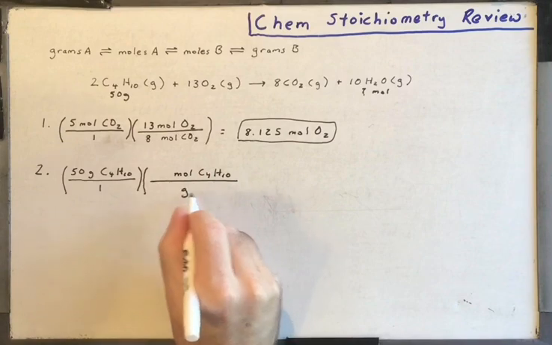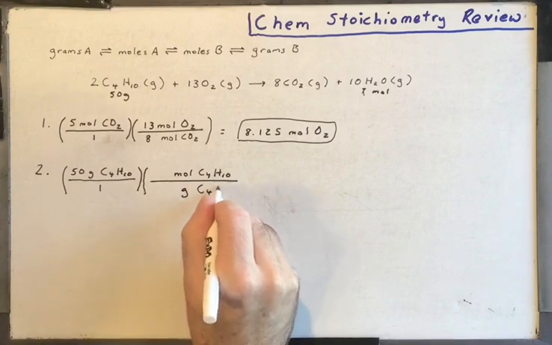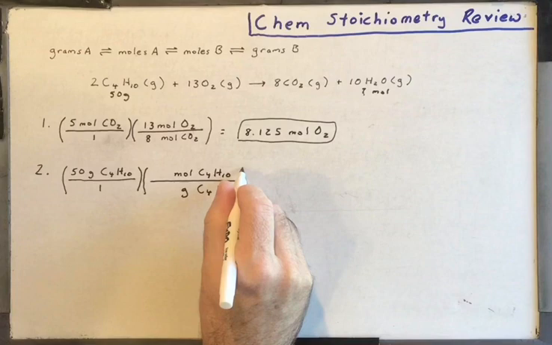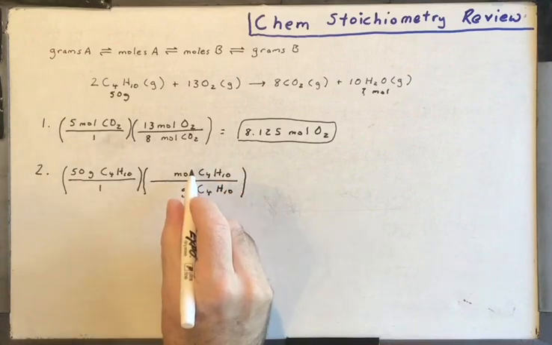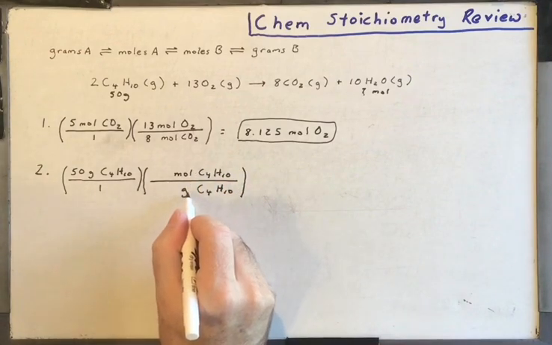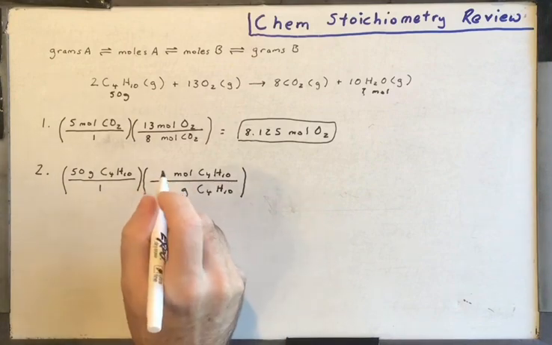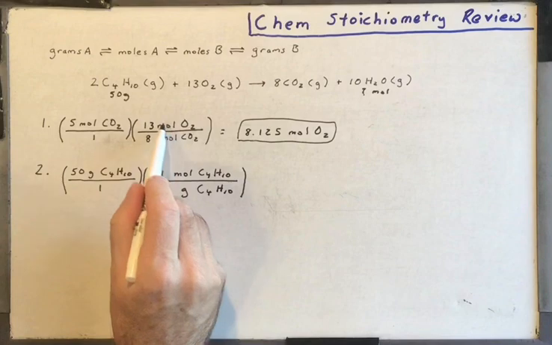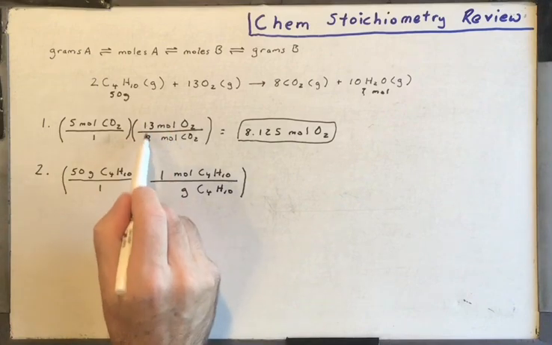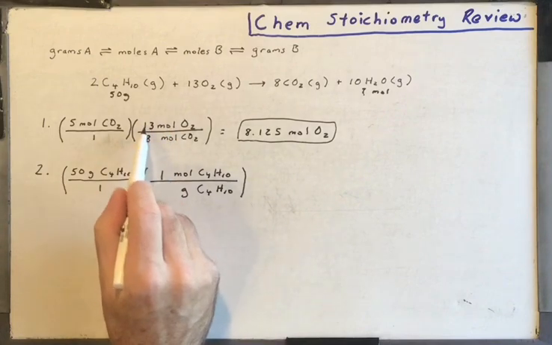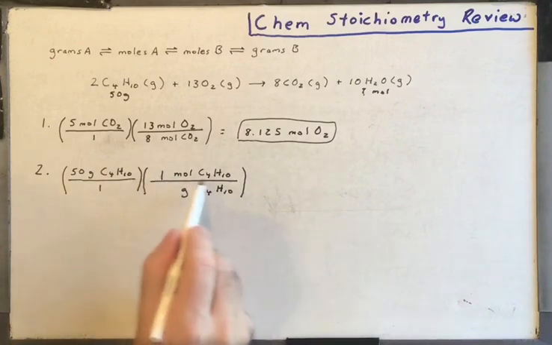Get rid of grams of C4H10. Now when you have moles and something else as a unit in a parenthesis, the 1 always goes by the moles. Now that's not necessarily true when it's moles and moles, all right? Because that's when you use the stoichiometry, like in number 1. But moles and something else.